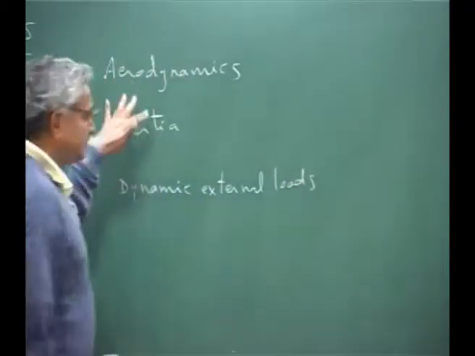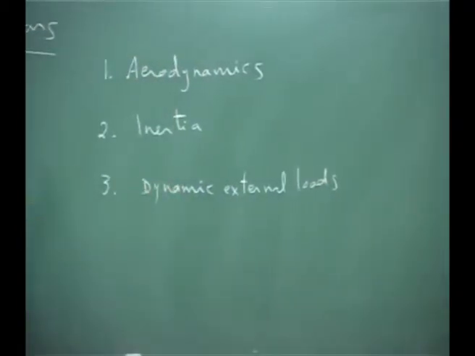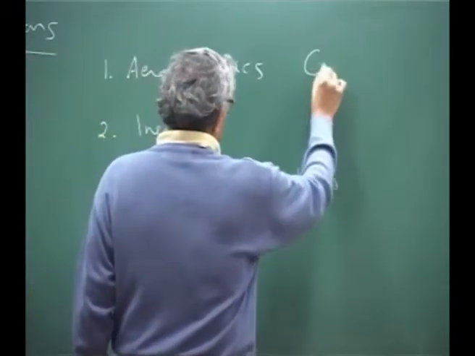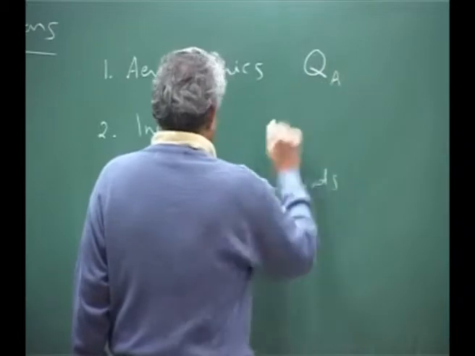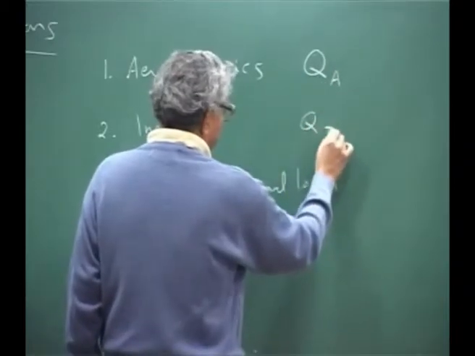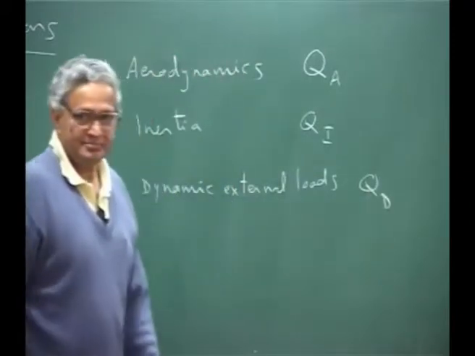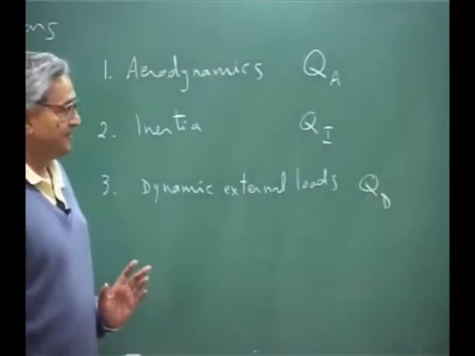Now each one of them we are going to put in: Q aerodynamics, this I will call QI, this is some QD. This is the symbol I am representing.